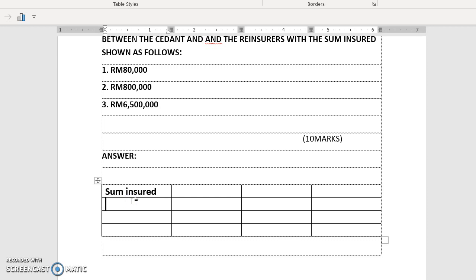We have three amounts: firstly 80,000, secondly 800,000, and thirdly 6.5 million.